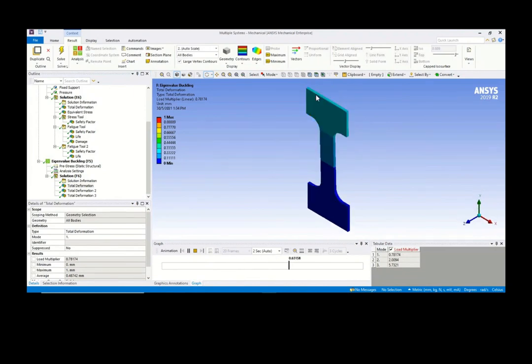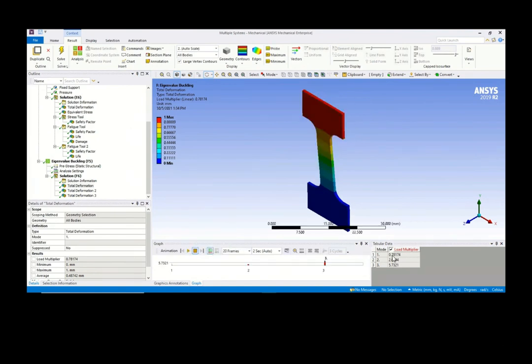In this particular mode, in this particular motion, when you press on it to compress, if you want it to buckle like this, you only need less than 50 megapascal. It's 0.78 times 50, so 0.78 times 50 megapascal.